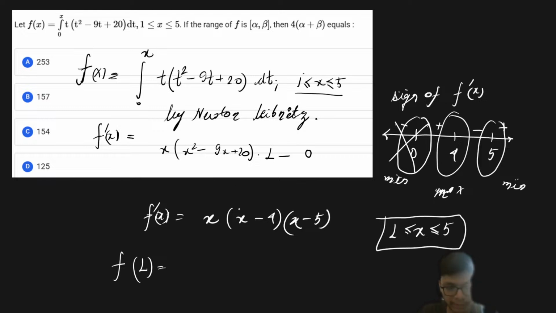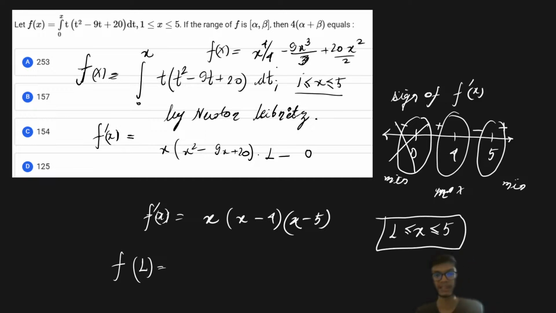And if we integrate the variable integral over here, that is, if you try to find what f of x is by integrating, it is going to be x to the power 4 by 4 plus minus 9x cube by 3 plus 20x square by 2, right?